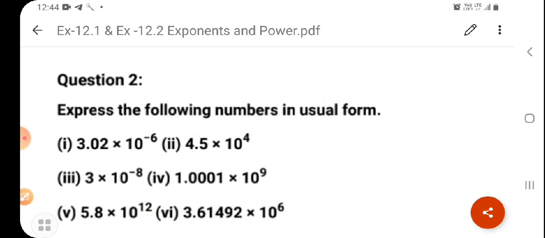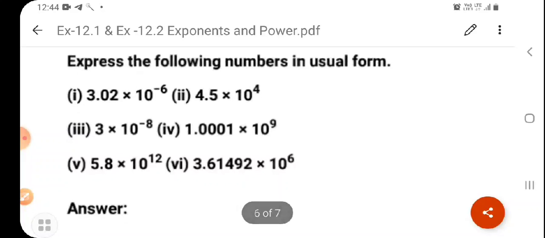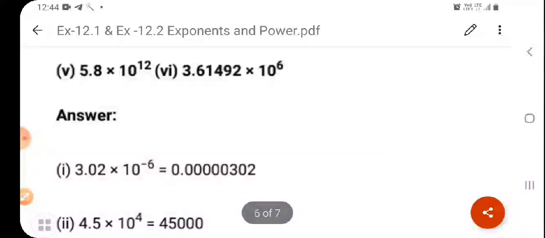So we have to change this exponential of 10 to the power minus 6. Minus 6 means 10 to the power minus 6 can be written as 3.02 into 0.000, there are 5 zeros and then 302.